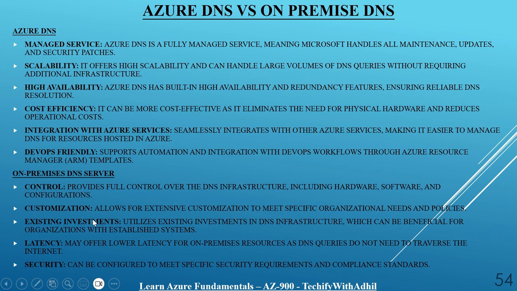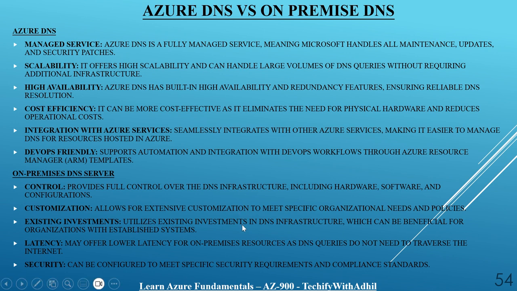Then existing investments. It utilizes existing investment in the DNS infrastructure, which can be beneficial for organizations with established systems. Then latency. It may offer lower latency for on-prem resources, as DNS queries do not need to travel over the internet, like your DNS service in your office. This is the case only when your data center and you are working in the same network.